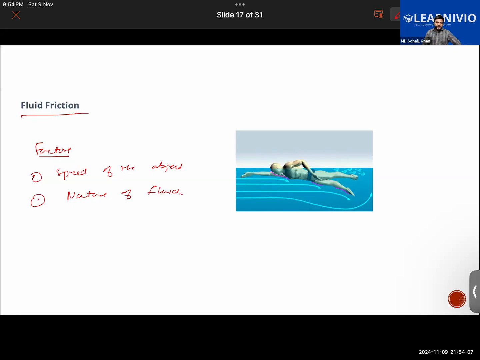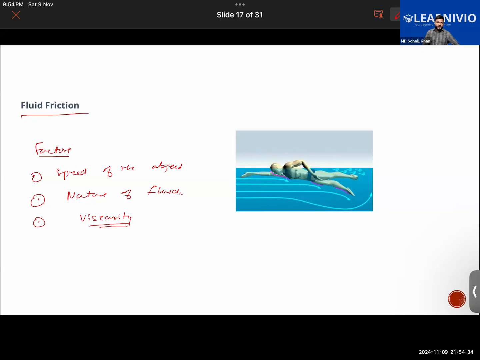Yes, if a fluid has higher viscosity, then its friction will be more or less? Less, right? No, less. Good, and vice versa. So the nature of fluid, particularly, we did learn about the viscosity of the fluid. Viscosity, by the way, Aisha, basically means the resistance offered by a fluid, the resistance to flow.